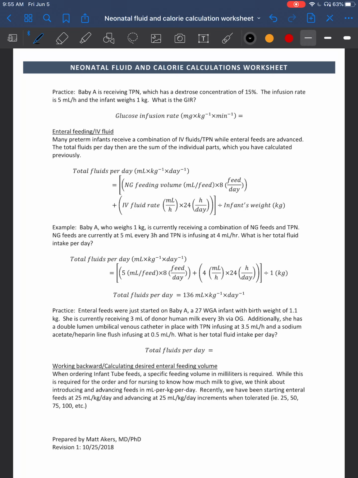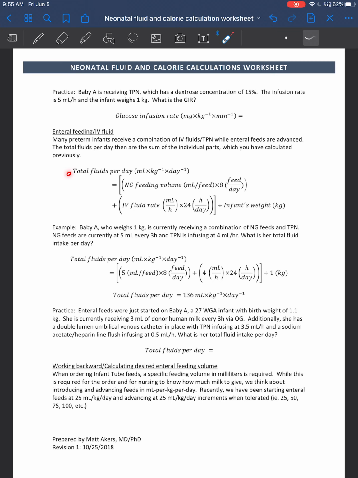Now we'll move to look at combinations of enteral feedings and IV fluids. Many preterm infants receive a combination of IV fluids or TPN while enteral feeds are advanced. The total fluids per day then are the sum of the individual parts, which we've already learned how to calculate previously.